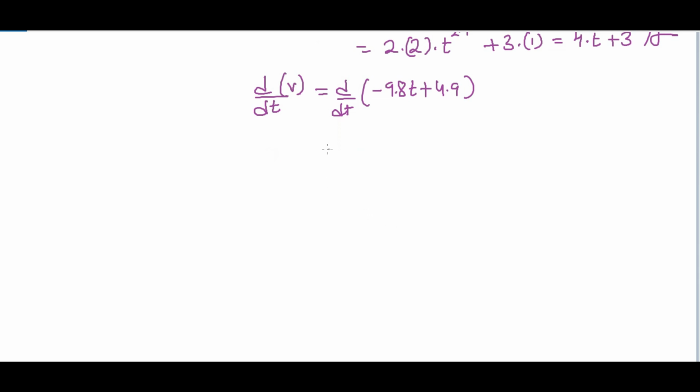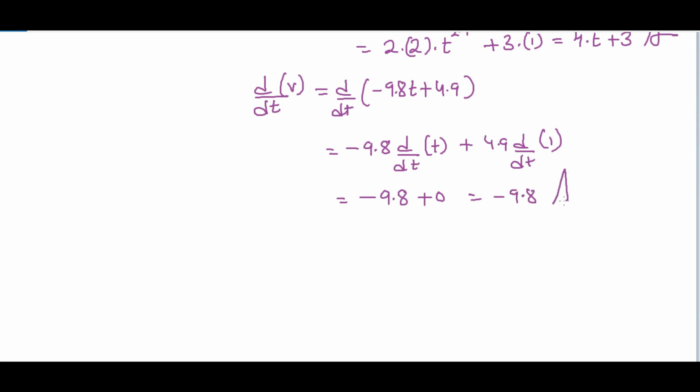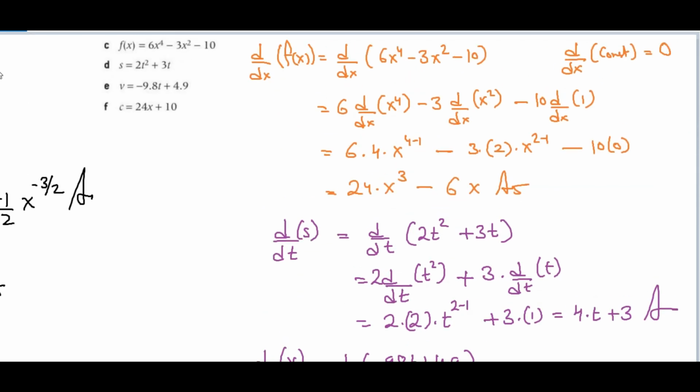When we differentiate, the constant part will come out and the variable part is t plus 4.9, and differentiation of t is just 1. So we are going to get negative 9.8. This part is 0, no need to write it even. So that's our answer, the differentiation of v. This is the c part, this is the d part, this is the e part.